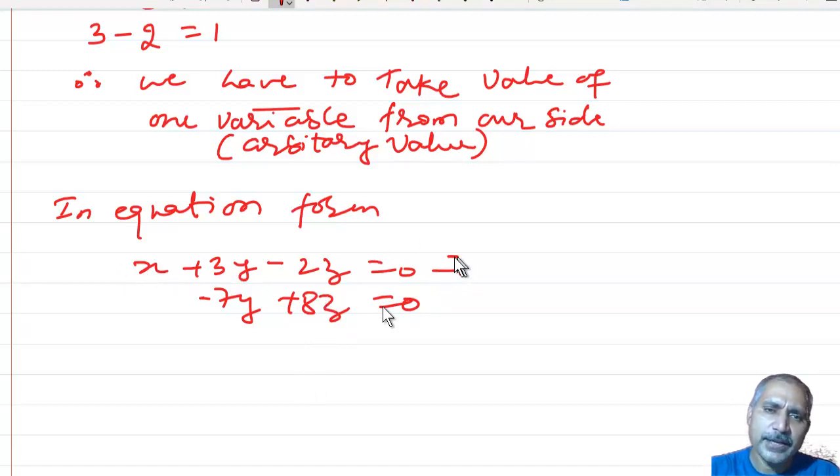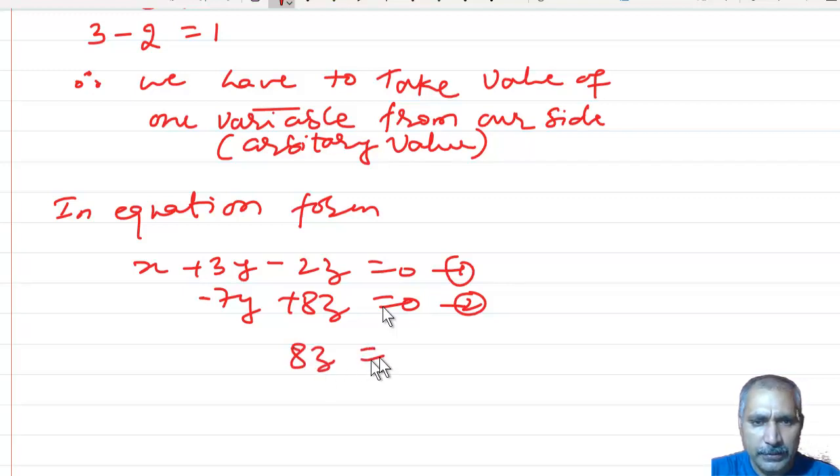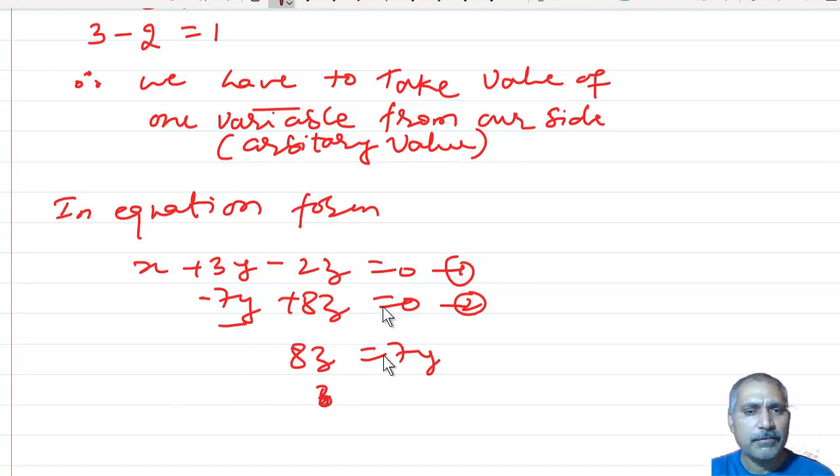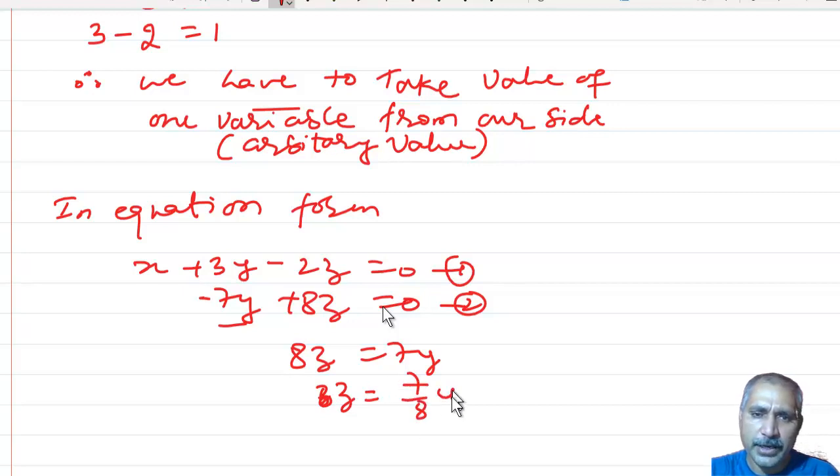Now we will take this as the first equation and this as the second equation. From here, 8z is equal to 7y, this minus 7 will go to the right side and become positive. We can take the value of y or we can take the value of z. So if we take z on the left side, it is going to be 7 upon 8 y.